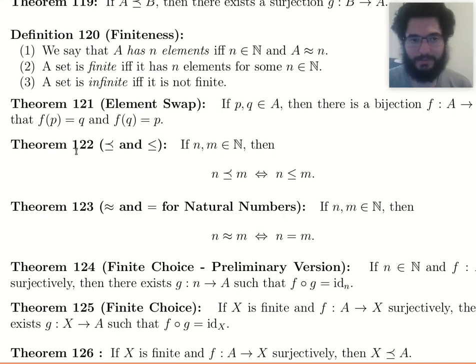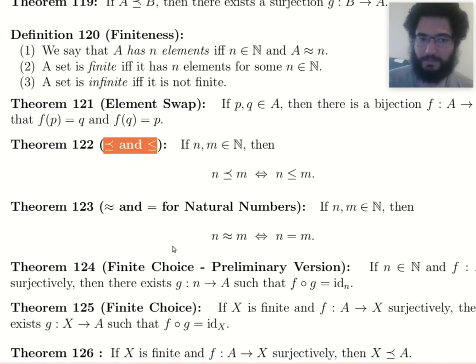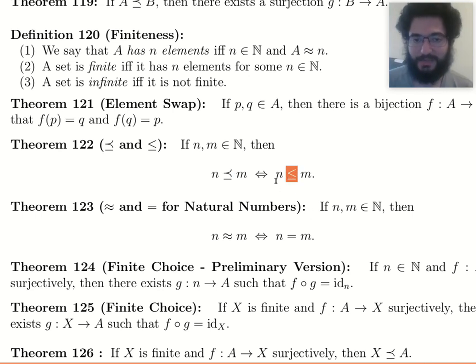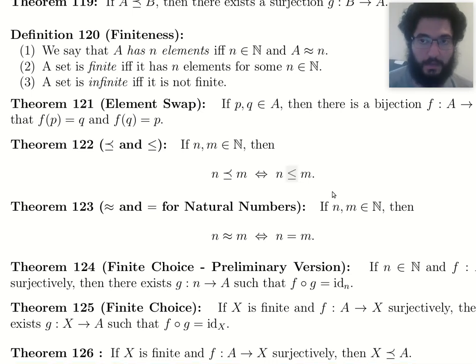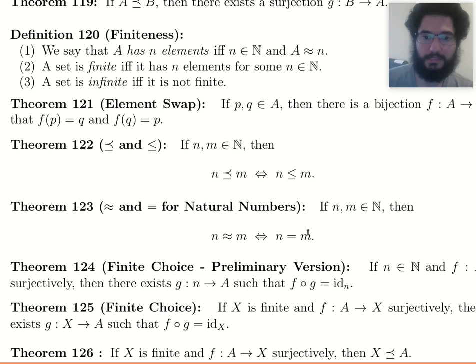Maybe here's one way to drive that warning home. There's a theorem that will take a bit of effort, which relates them. And if in your handwriting you don't distinguish them, then it'll be very difficult to actually relate them. So this is for natural numbers. Actually, you can understand what these theorems are saying right now, even though we haven't gotten to it.